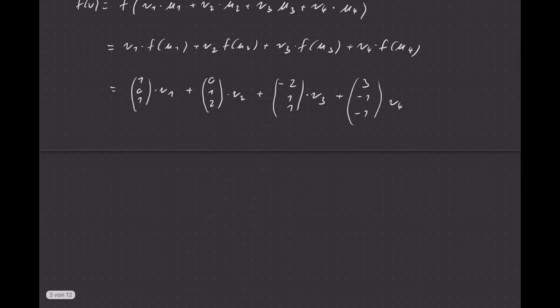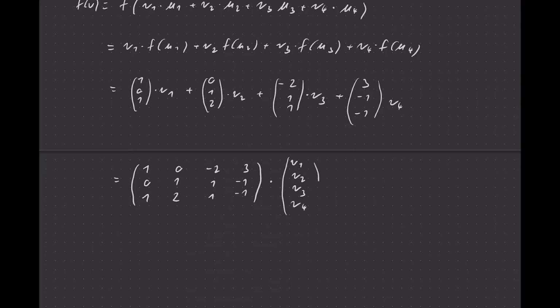And easy enough, this can be seen as a matrix vector multiplication. If we just write those vectors here as columns of a matrix, like this, then we can write this expression as the multiplication of this matrix and the vector (v1, v2, v3, v4).